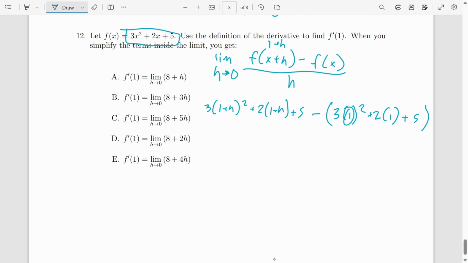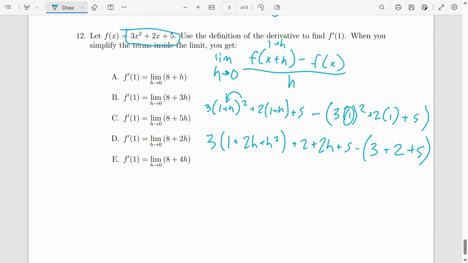So simplifying this now, multiplying everything out, this is 3 times, distributing this squared in, we get 1 plus 2h plus h squared, plus 2 plus 2h plus 5 minus 3 plus 2 plus 5. So there we go.